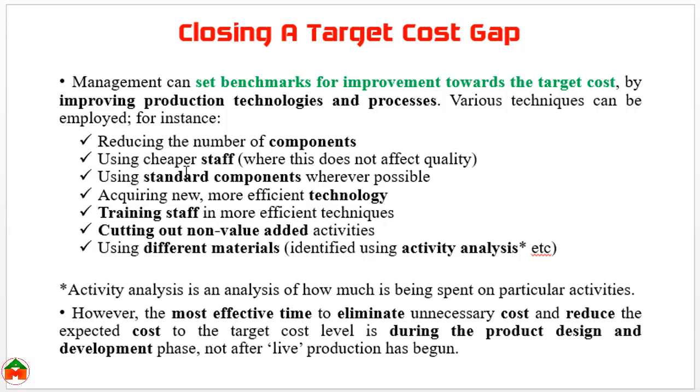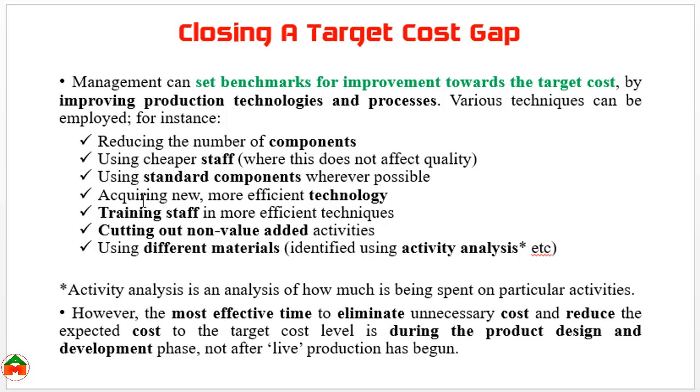We can use cheaper stuff, but we should be careful that whenever we are using cheaper stuff, that cheaper stuff should not affect the quality of the product. That should be considered while using the cheaper stuff. We can use standard components wherever possible to reduce the cost, because if we use the standard material, then our waste will be reduced, from which we can reduce the production cost.